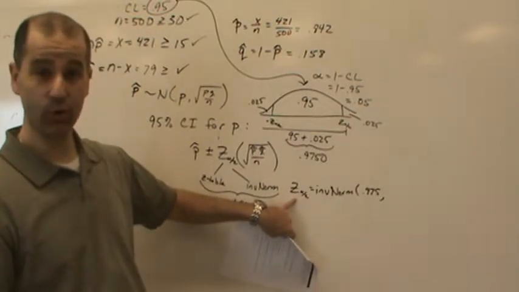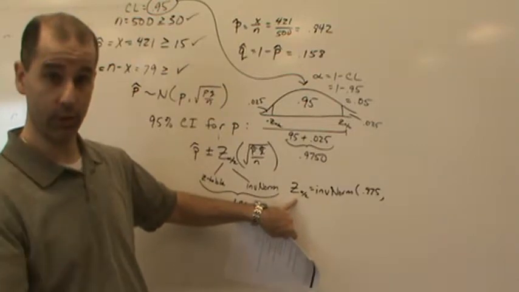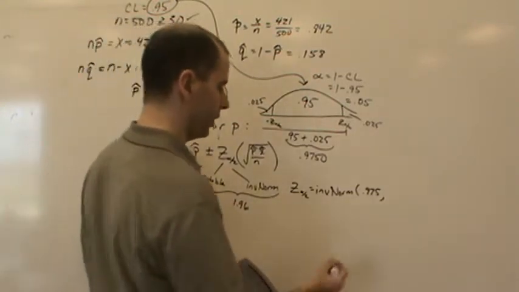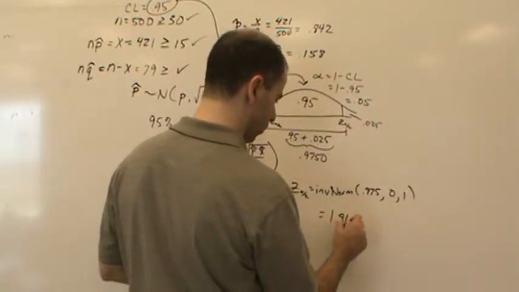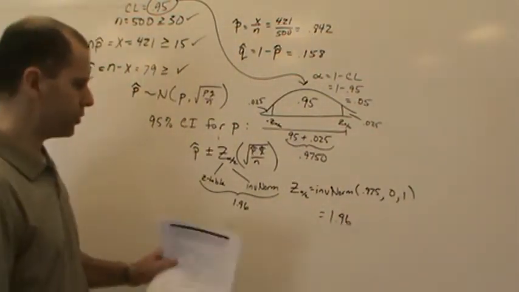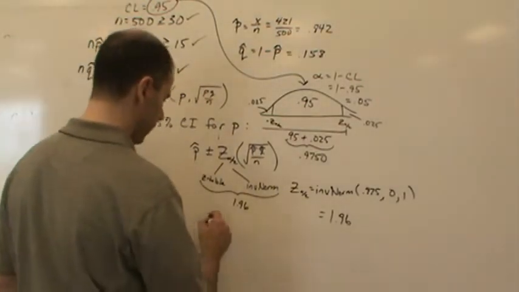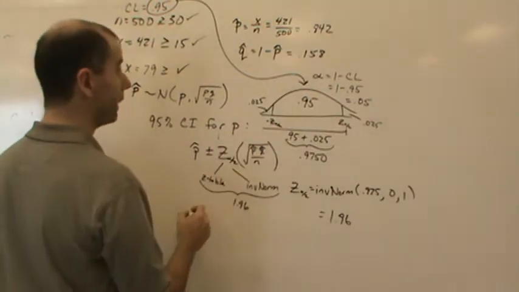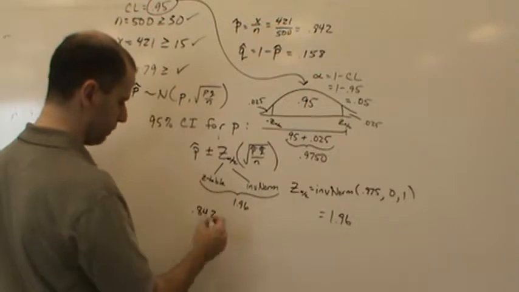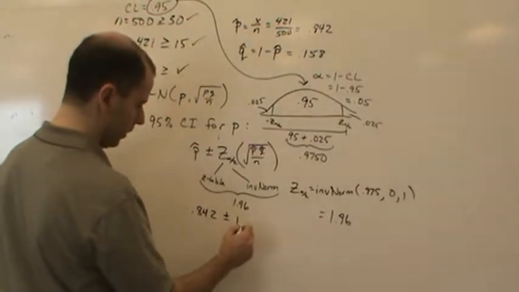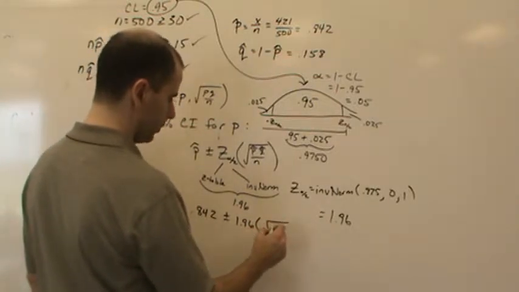The fact that it's a z-score tells you that we have to use the standard normal distribution, so the mean is always 0 and the standard deviation is 1. So that's what we put in. And then this is going to also give you the 1.96. Okay? So once you have the 1.96, then it's just plug and chug, right? So what are we going to do? We're going to plug in our 0.842, that's our point estimate, p hat, plus or minus 1.96 times the square root of what?